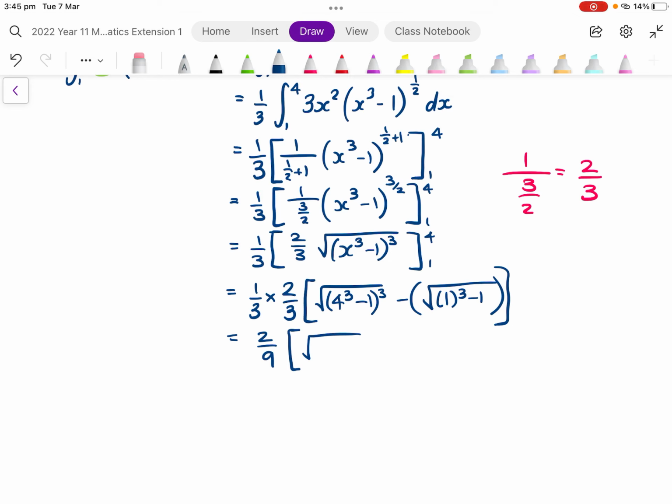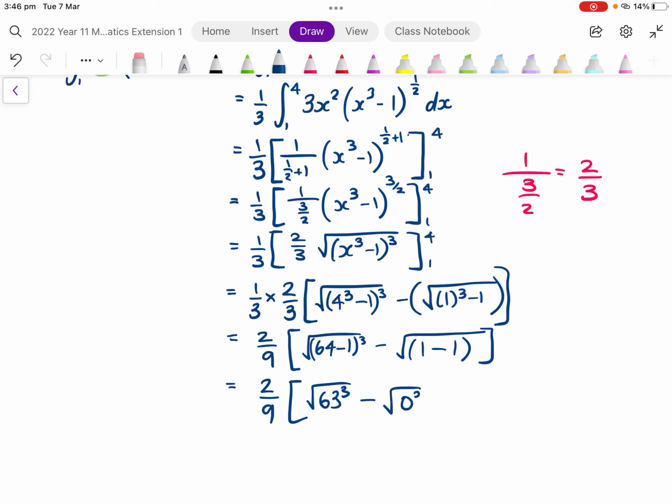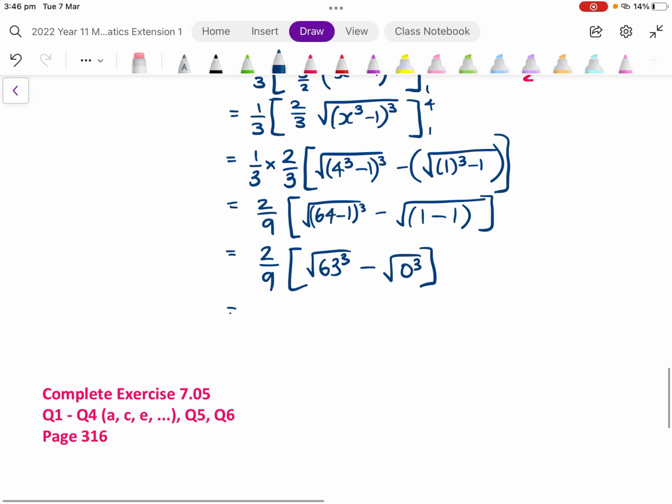The 4 cubed is 64, minus 1, all cubed, minus root 1 minus 1. So this is 2 over 9 root 63 cubed minus 0 cubed. So what this is equal to is 2 over 9 in brackets root 63 times root 63 times root 63.